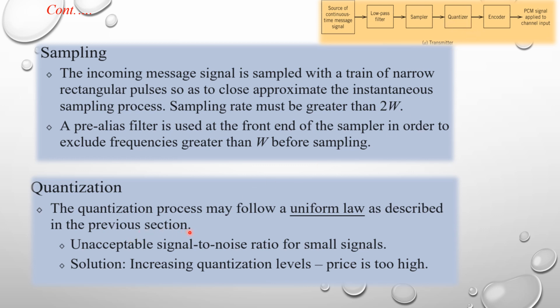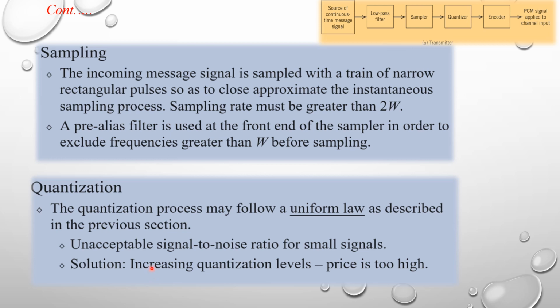The quantization process may follow the uniform law, as we discussed in previous lecture videos. There is an unacceptable signal to noise ratio for small signals in the quantization process. The solution is increasing the quantization level, but the price is too high.